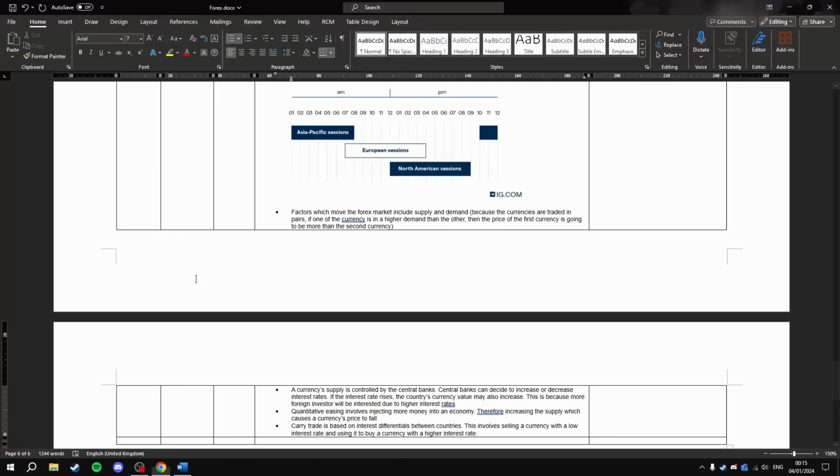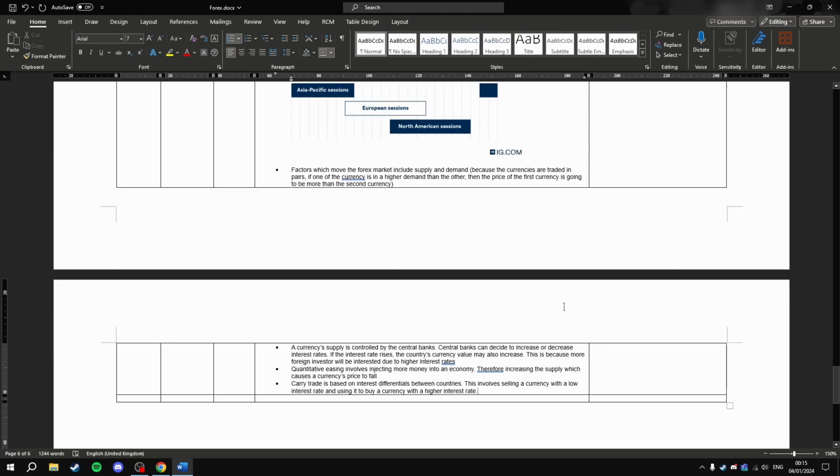This aims to catch the difference in the rates. So if you're selling the currency with a low interest rate, you can then put the money into a country with a higher interest rate to try to have an increase in the value of the money.